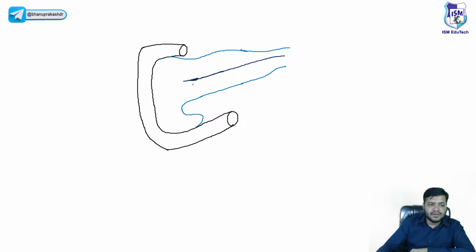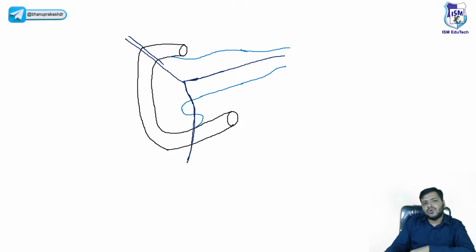Okay, and we have the superior mesenteric vein also coming from downwards, and these two will unite together to form the portal vein, which will divide into the right branch and the left branch in the porta hepatis.